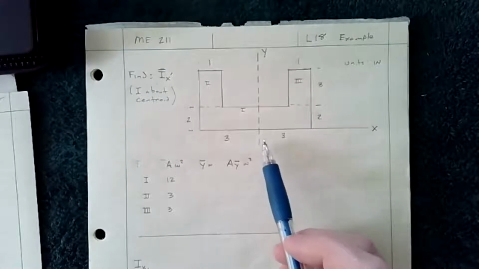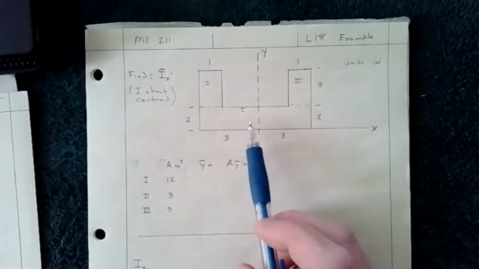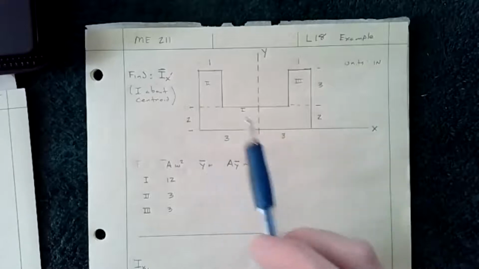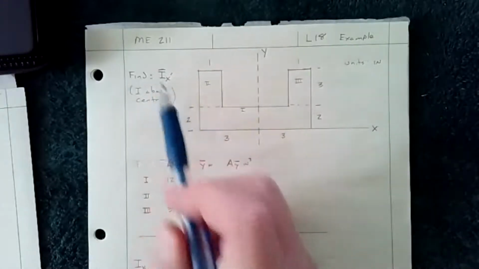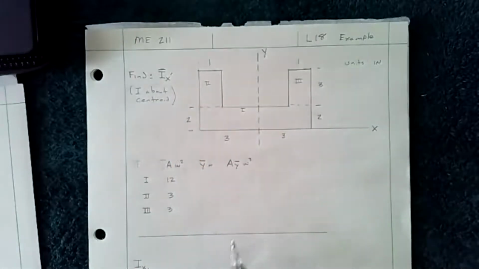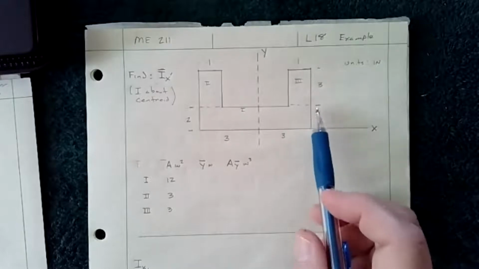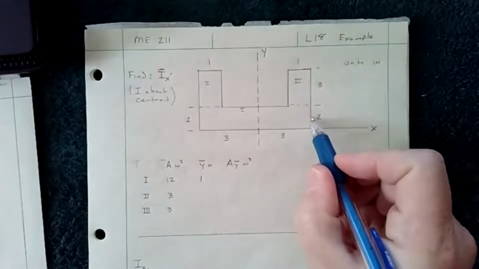In this one it doesn't matter because it's symmetrical, so that is 0. But if this was not symmetrical, we'd have to do that. If you're only looking for Ix, then all you need is y bar. So the centroid of the first piece, if this is 2, is just 1.